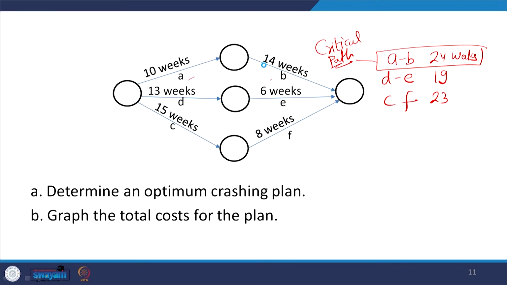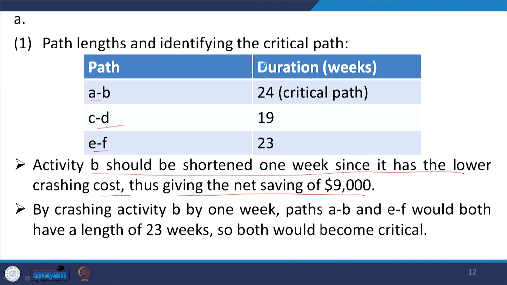So, if you are going to reduce your activity duration by 1 week, you will save, because you will put 3,000 additional, 12,000 is the cost of project per week for maintaining the infrastructure, labor, all those things. So, you can save net 9,000 rupees.